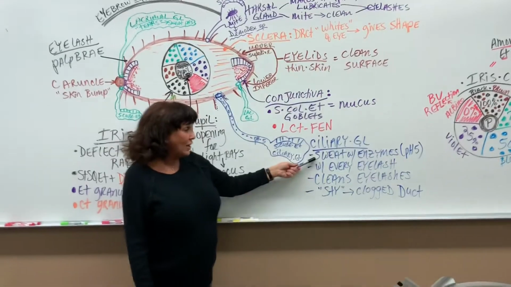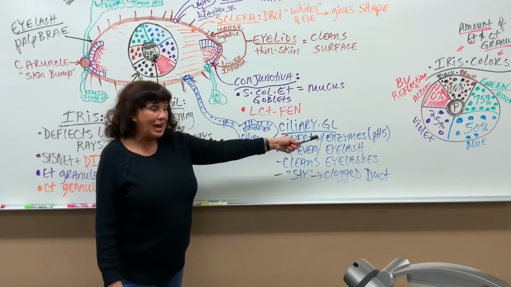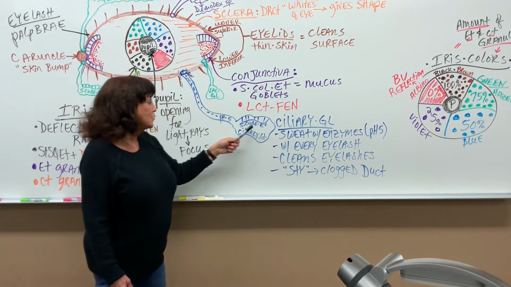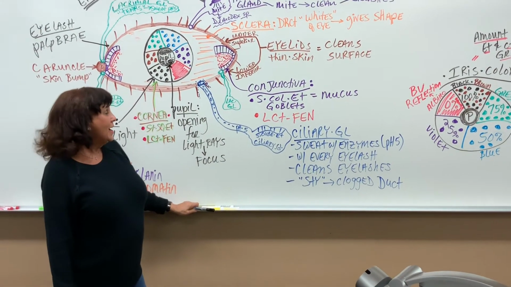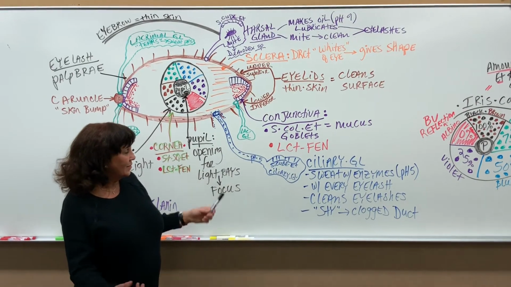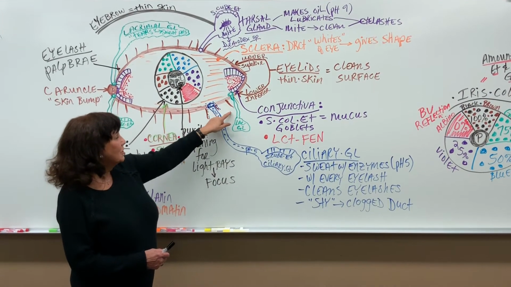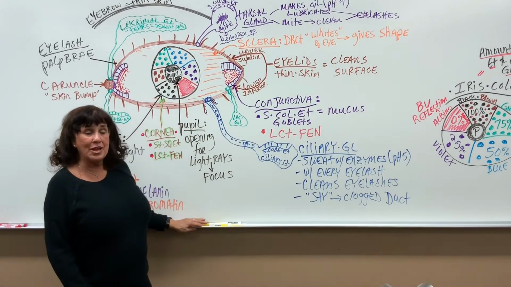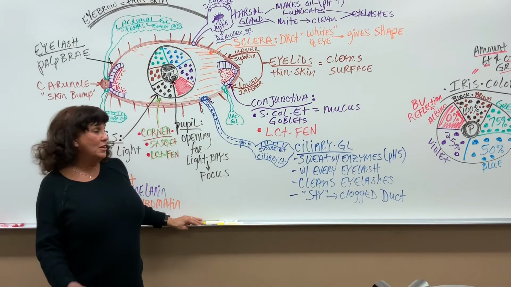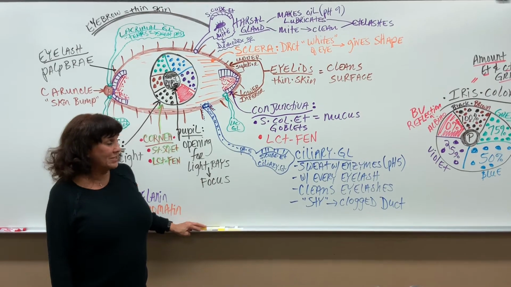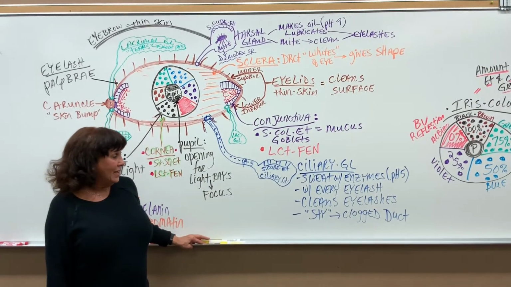It's another sweat gland, has a pH of 5, makes enzymes that are going to come out, and they're going to clean your eyelashes specifically. And so this is a nice thing to have done. And so it keeps your eyelashes in good shape, cleans them, and it also goes onto the surface of the eye to help clean that surface of bacteria or any kind of debris.